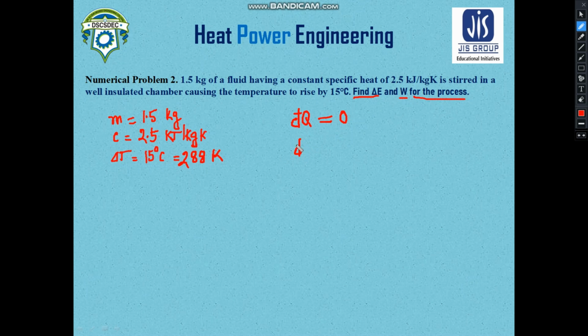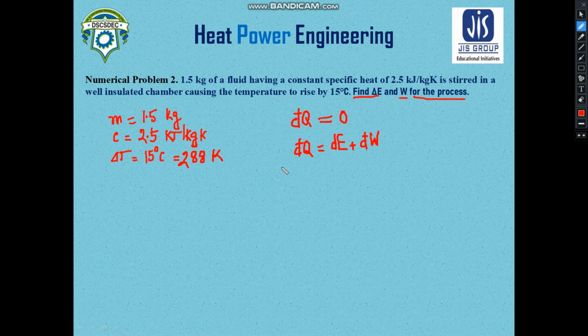Now writing down the first law of thermodynamics. This is a very easy problem, I must say. So it will be dQ equals dE plus dW. Now the question is how we can find this dE.